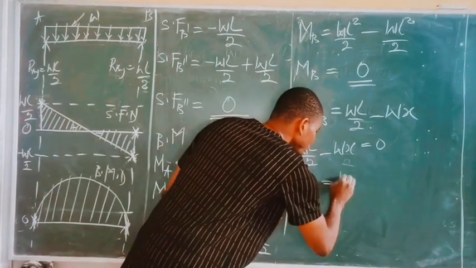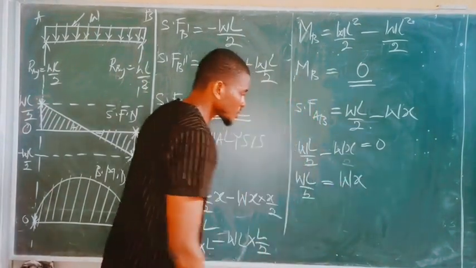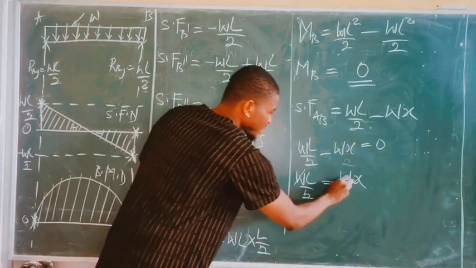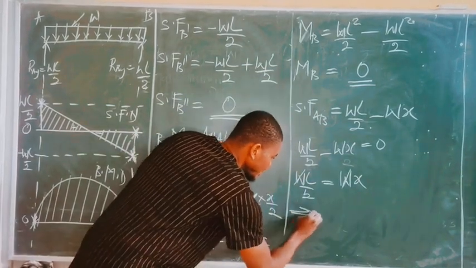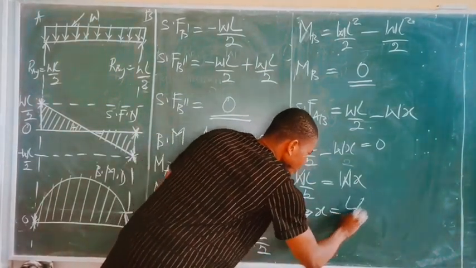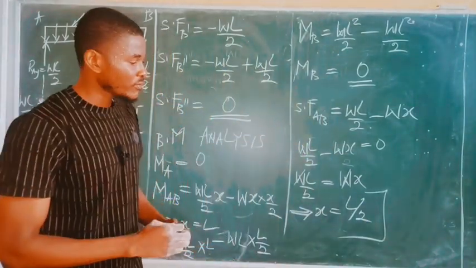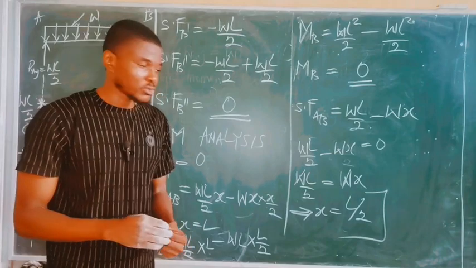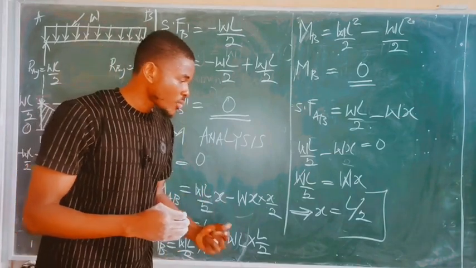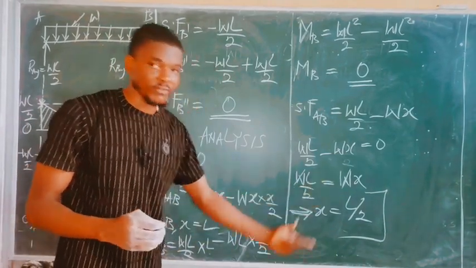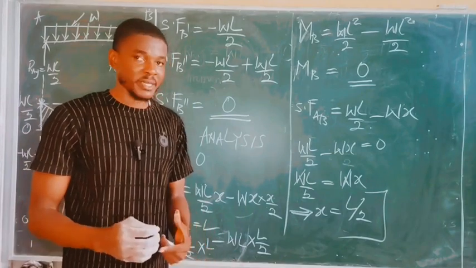So from here, W can cancel W. This implies that X is equal to L all over 2. This value is what we call the point of maximum bending moment. So maximum bending moment occurs when x is equal to L all over 2.